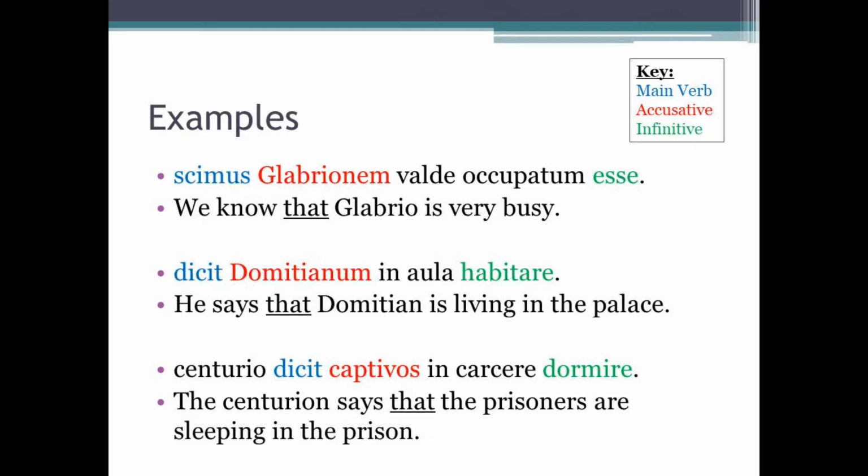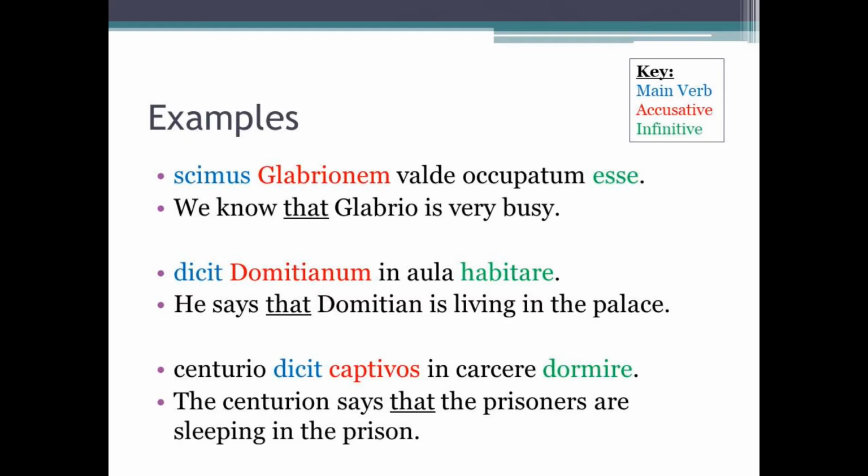Dicit Domitianum in aula habitare. He says that Domitian is living in the palace. Centurio dicit captivos in carcere dormire. The centurion says that the prisoners are sleeping in the prison.